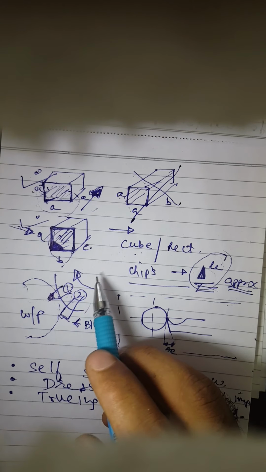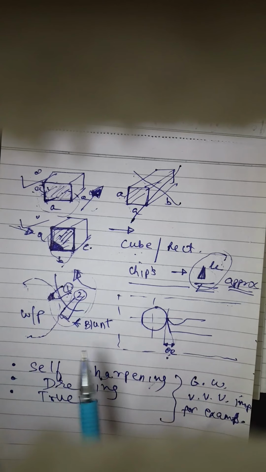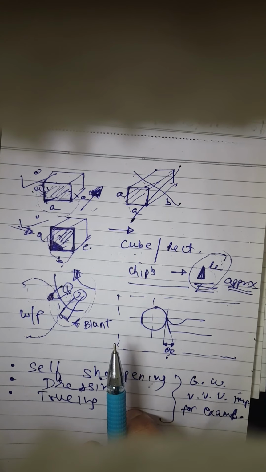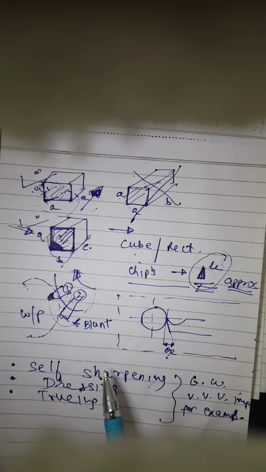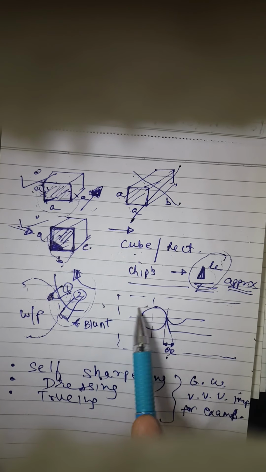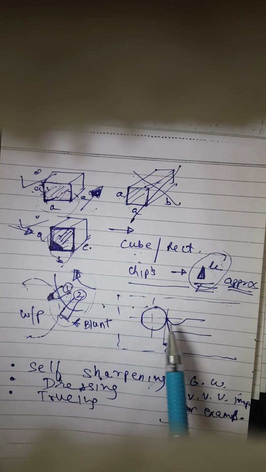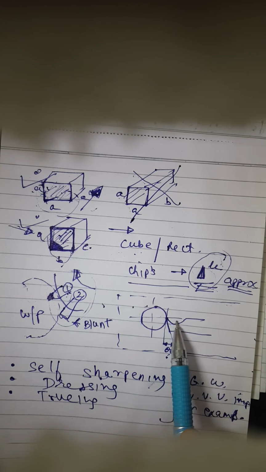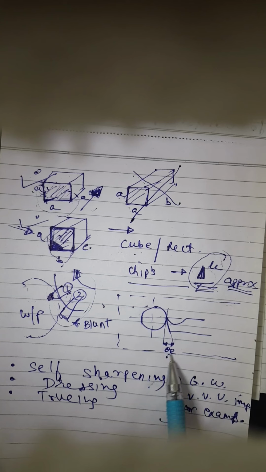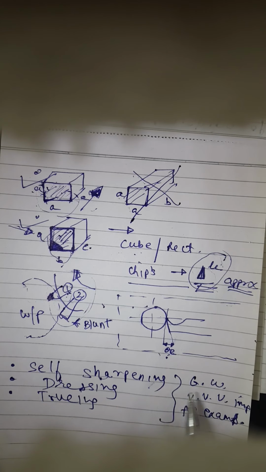All right, now I would like to divert a bit from this particular discussion just to link what we had seen previously with this particular process. When I'm talking about the blunting, what is important is what happens to the force. That brings me to what we had discussed for the single point cutting tool. This is the workpiece, this is your single point cutting tool, and this angle which I have shown is the end relief or the end clearance angle. If you could recall what we have already seen in our previous sessions, the end clearance angle or the end relief angle cannot be 0 or negative.